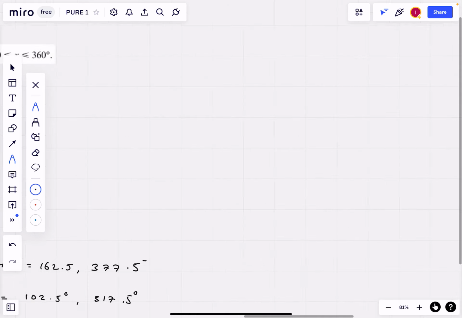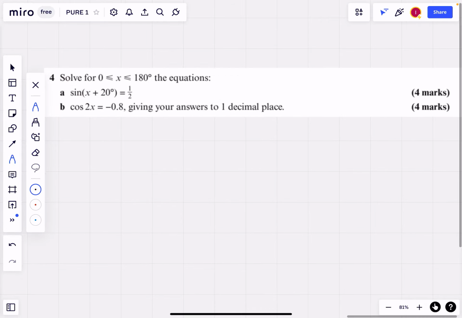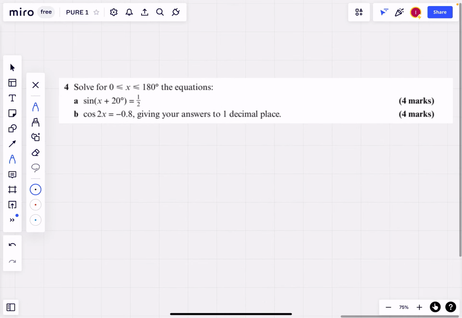Okay. Can you try those two for me, please? So for the first one, adjust your interval. x plus 20, 20 to 200. X plus 20 is sine minus 1 of a half, which is 30, I believe.